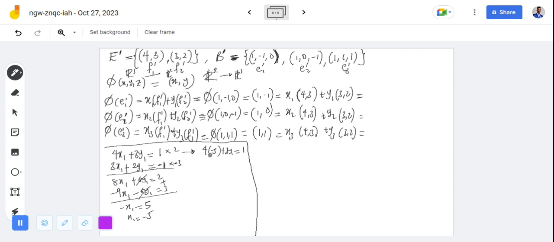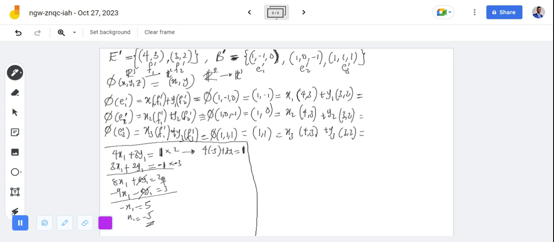So this is minus 5, right? Minus 5 times 4, that is minus 20. If I take minus 20 to the other side, sorry, this is 1, right? So since my x1 is minus 5, I should be able to sort out, okay, let's check. 4x1 plus 3y1 is equal to 1.